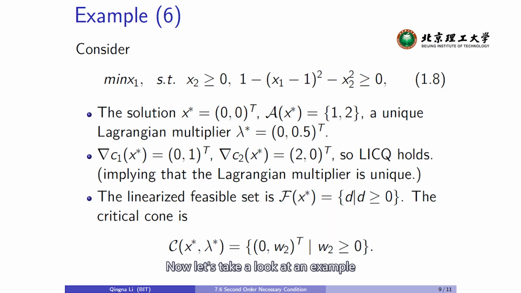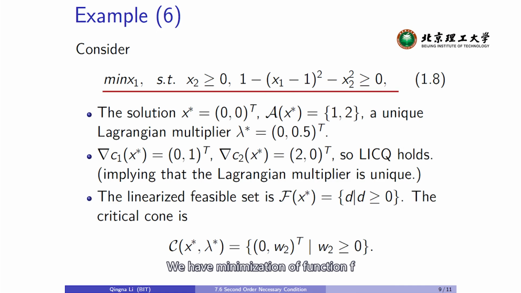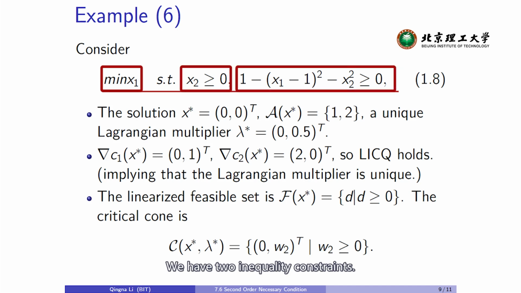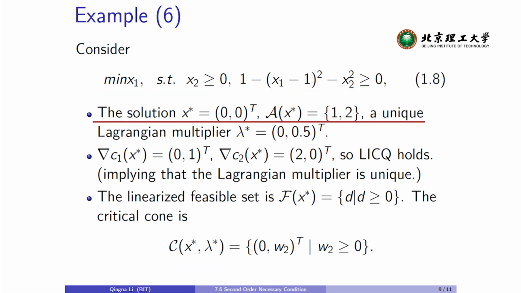Now, let's take a look at an example to show what the critical cone is like. We have the minimized function f, which is very simple, it's just x1. We have 2 inequality constraints. I think you can figure out this problem in 2-dimensional space and find the optimal solution is at 0.